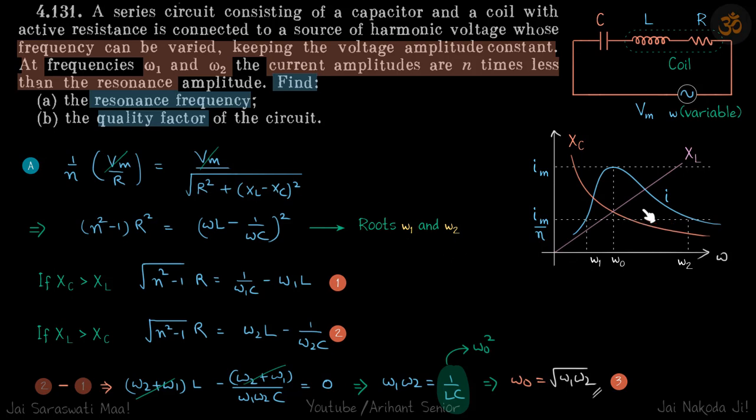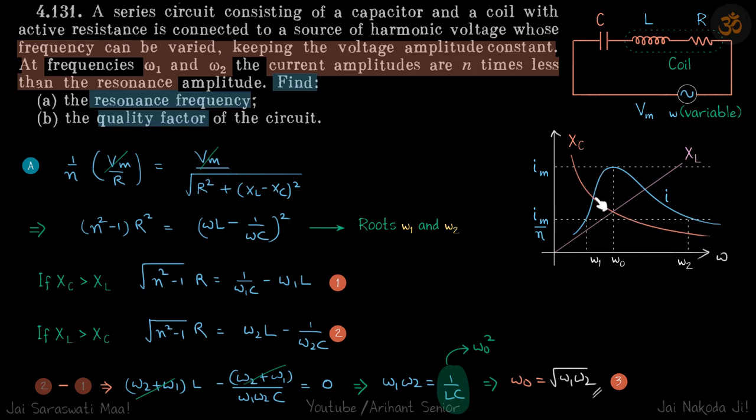Now you know XL varies linearly with frequency and XC will reduce. XC is inversely proportional to frequency because XC is 1 by omega C and XL is equal to omega L. So XL will vary proportionately with omega and XC will vary inversely.